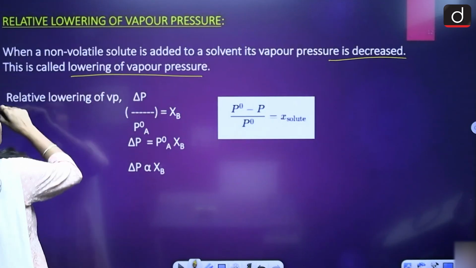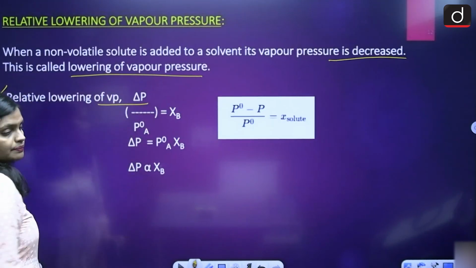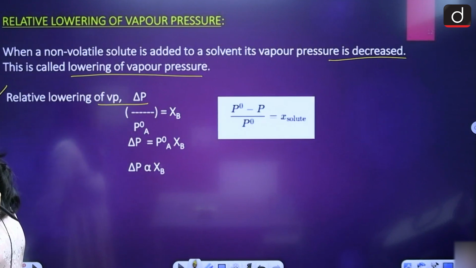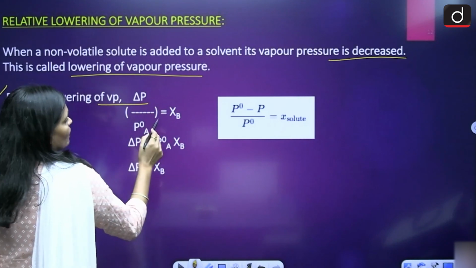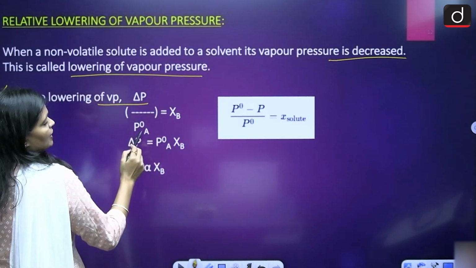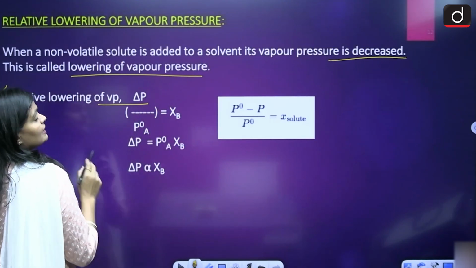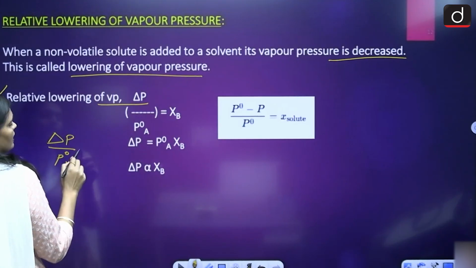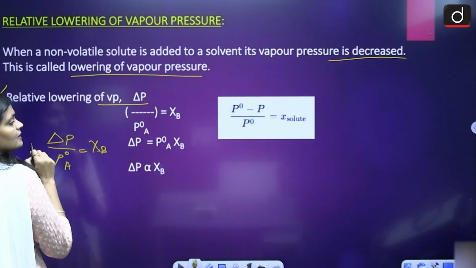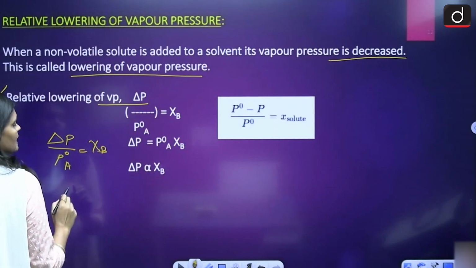Okay, so what will be the relative lowering of vapor pressure? Delta P by P naught A equals XB. And what is delta P?